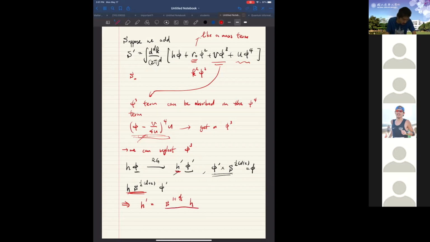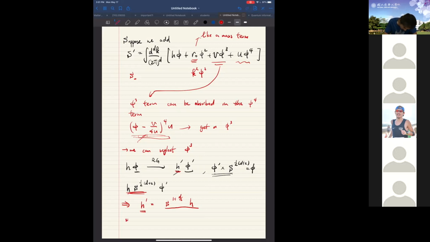Okay, so this is the change of your coupling constant, after just a simple analysis by replacing the original field by the new, rescaled field, and then you absorb the prefactor into the coupling constant, and that will give rise to the redefined coupling constant in the first RG iteration.